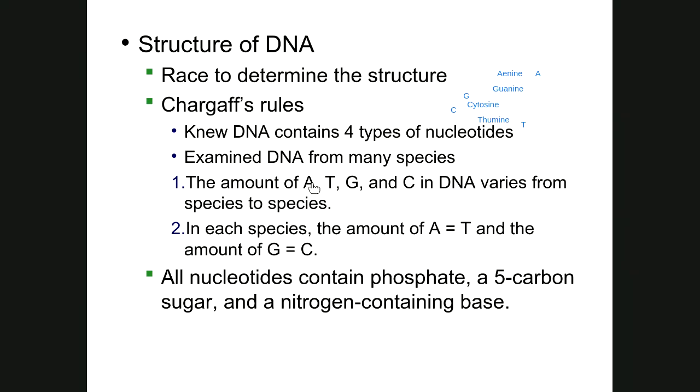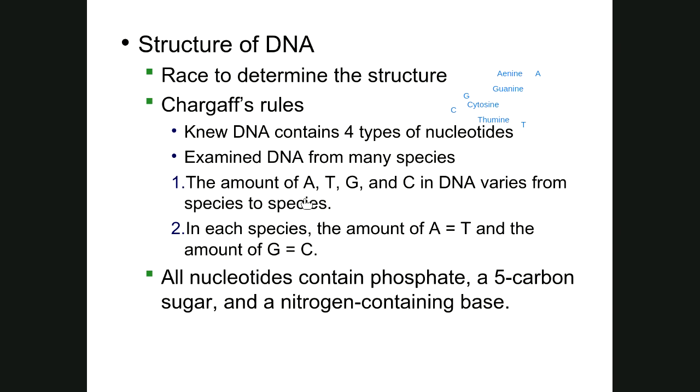Maybe you have 30%, the second student has 28%, the third student has 35%, the fourth student has 40%. This amount is variable, varying from species to species. That makes each of us different from each other. It is very important to understand that the amount of A, T, G, and C varies from species to species.